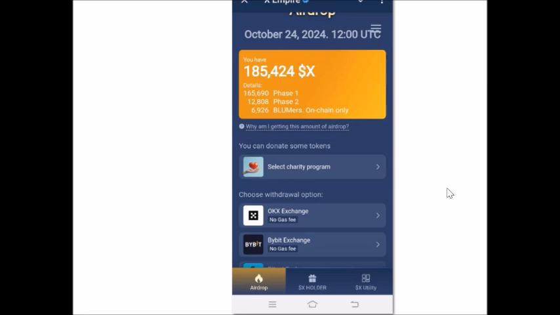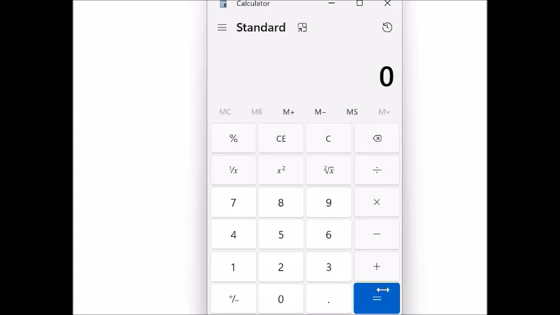Now let's see if they list for 0.005, that's two zeros after the decimal. What she has is 185,424. So we'll go back to our calculator, 185,424, and multiply this by 0.005. By the time we press it, this gives us $927.